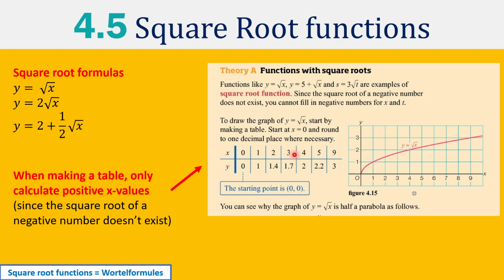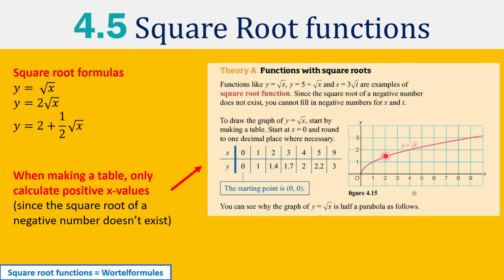Some numbers don't give me a nice result because the root of 2 is not a nice number. You have to use your calculator for that. Try to find a number that times itself is 2. It's 1.414, etc. Here they round to one decimal, 1.4, but that's quite difficult to plot because, where exactly is it between 1 and 2? Somewhere around here, of course.